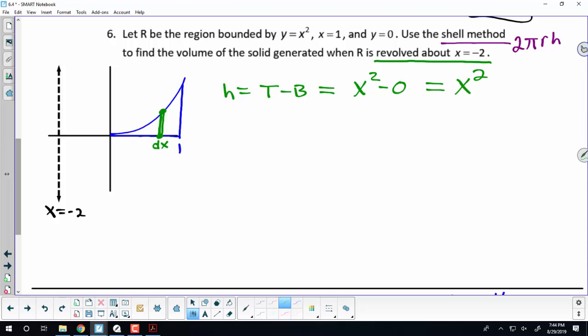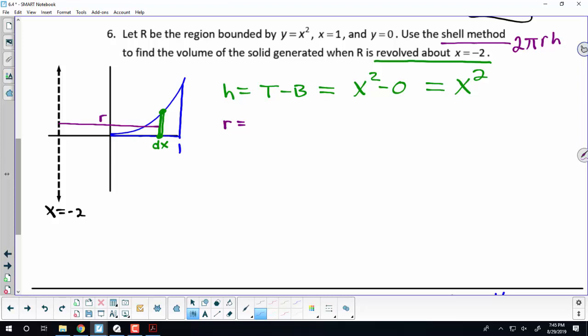But the radius does change, because now the radius is the perpendicular distance from the shell to the axis of revolution. So what is the radius here? x plus 2, do y'all agree?